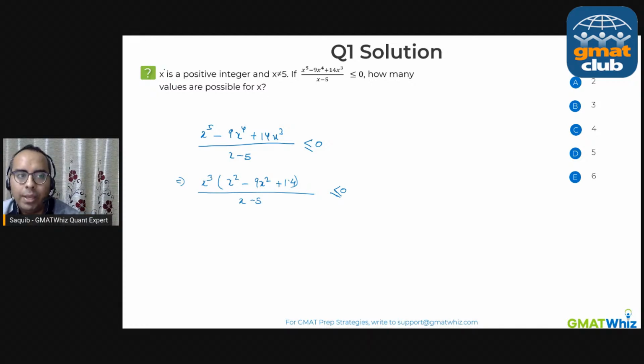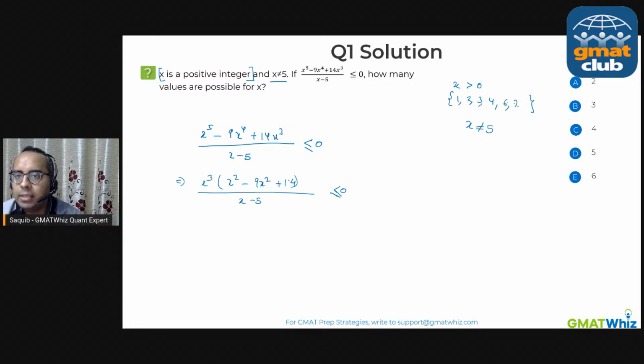So here's what I do. And I'm telling you, I've made mistakes whenever I don't do this. If I see x is a positive integer, I write x is greater than 0, and I write a few values, like x could be 1, 2, 3, and so on. When I see x is not equal to 5, I write it very clearly, x is not equal to 5. While writing down some of the values, I make sure not to include 5.